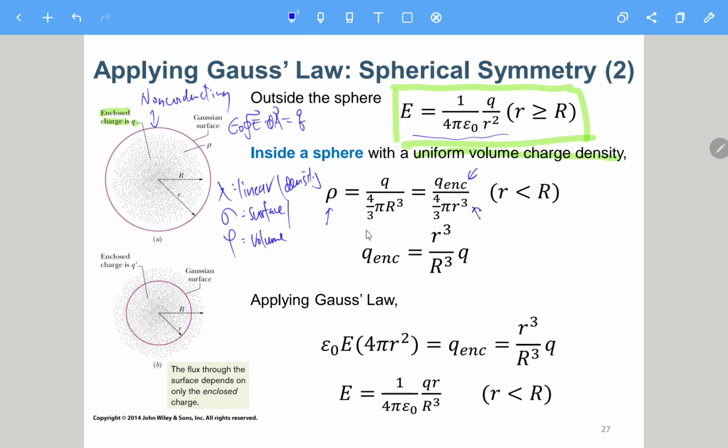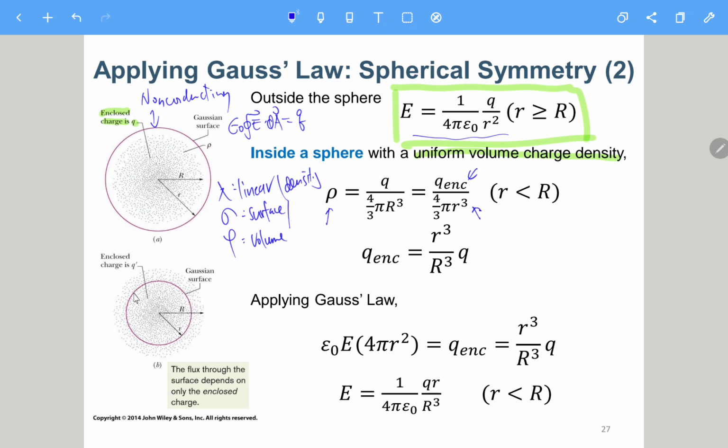This is the whole sphere, but here this is part of it, and as the volume charge density is uniform, the whole part should be the same as this part, no matter how large this r is. But for different r, of course, the Q enclosed is different. Here we just assume r to be a variable.